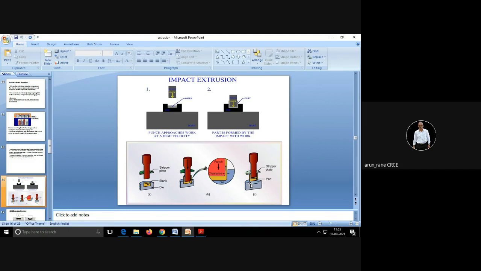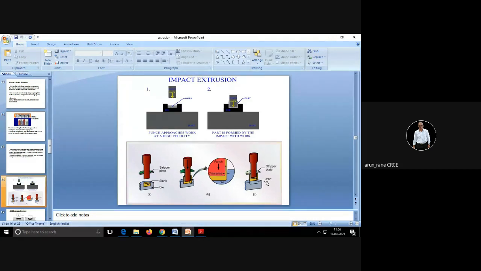Okay. And then the moment the punch goes up, the component also goes along with that punch, and there is a plate which is called the stripper plate that gets activated, and that stripper plate pushes the component so that it gets ejected.